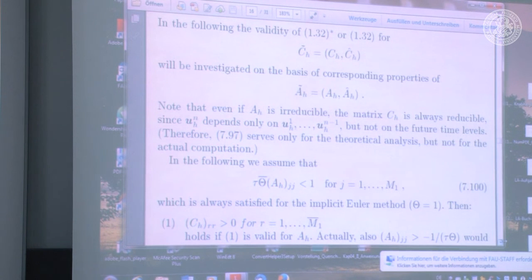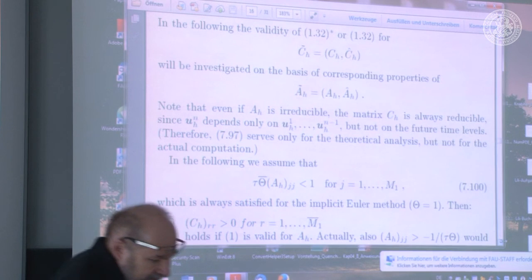Okay, we will see how we will need this assumption. So let's go through the properties a little bit. The first thing is we would like to have that the diagonal elements are positive.